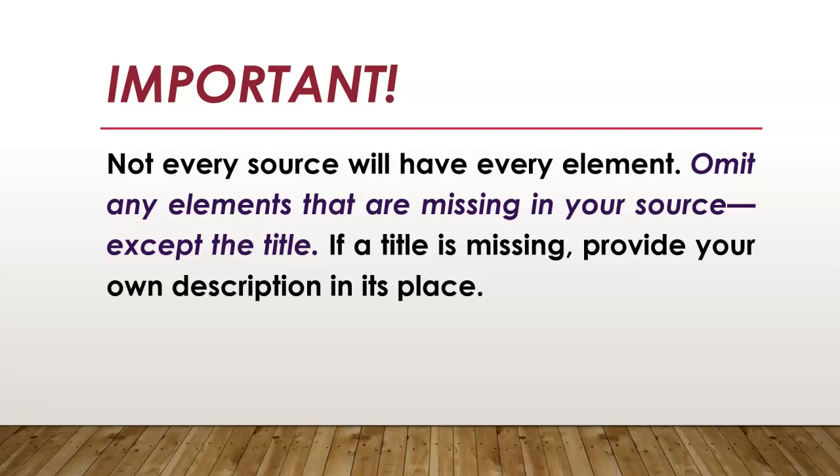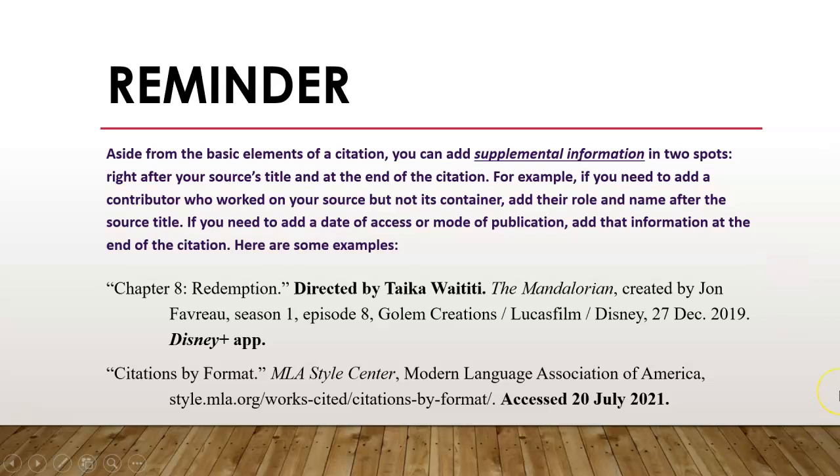So, good thing to remember, important, not every source will have every element. Omit any elements that are missing in your source, except the title. If a title is missing, provide your own description in its place. Reminder, aside from the basic elements of a citation, you can add supplemental information in two spots, right after your source's title and at the end of the citation.